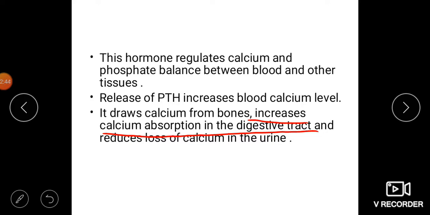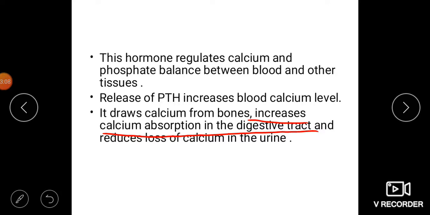From the digestive tract, blood will absorb it, and absorption of calcium from the digestive tract into the blood is facilitated by PTH. And if there is no calcium in the digestive tract, it takes calcium from the bones and brings it to the blood so that the level of calcium can be increased.